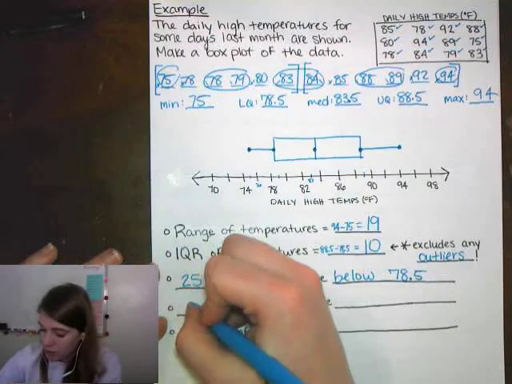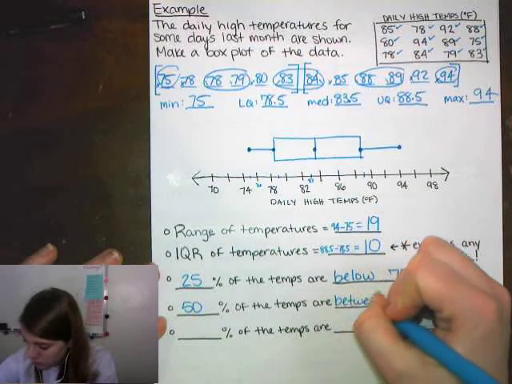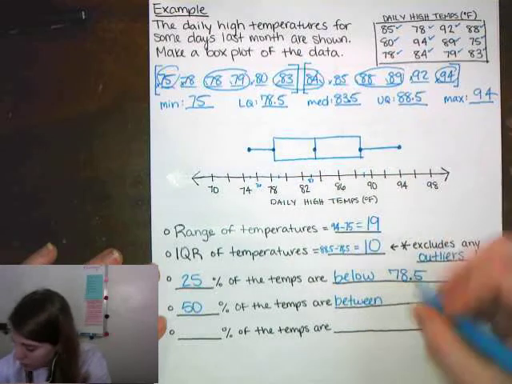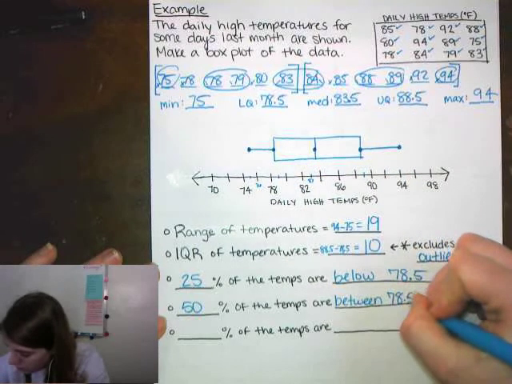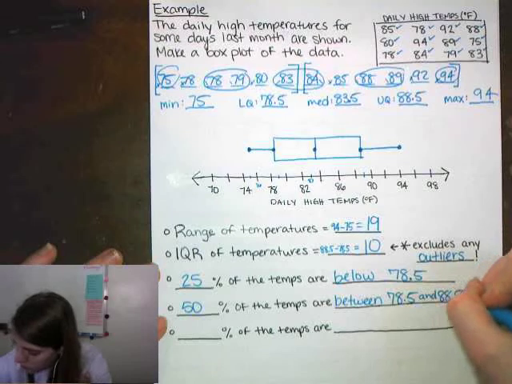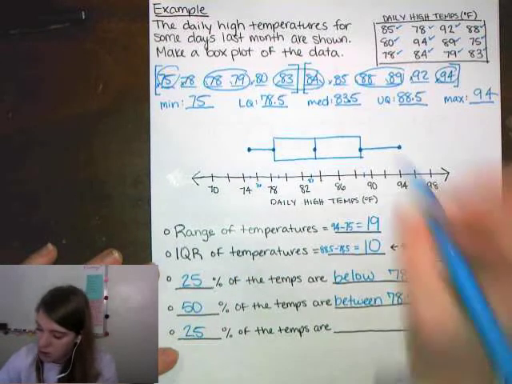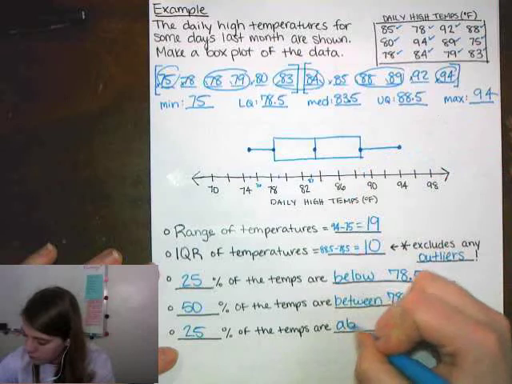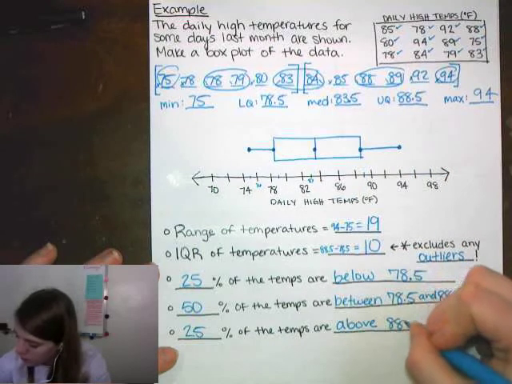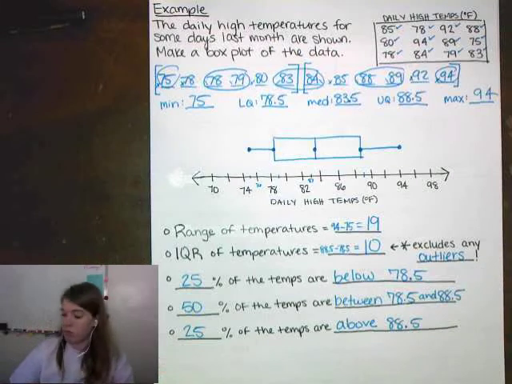We could say 50% of the temps are between our quartiles, our lower quartile and our upper quartile, so between 78.5 and 88.5. We can say 25% of the temps are above that upper quartile, 88.5. So a quarter of our temps are higher than 88.5.